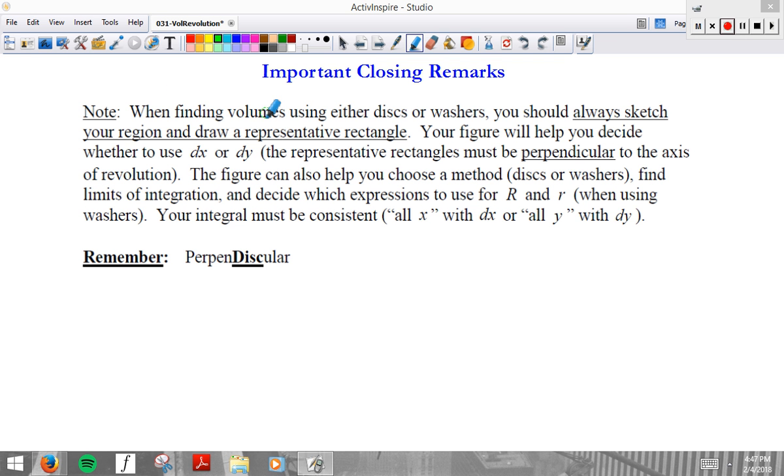When you're finding volumes using disks or washers, always sketch your region. That's been true for 6.4, 6.6, and 6.5. I don't know why I went out of order. Your figure will help you decide whether to use x or y, whether to use dx or dy. The other most important thing is your rectangles must be perpendicular to the axis of revolution.